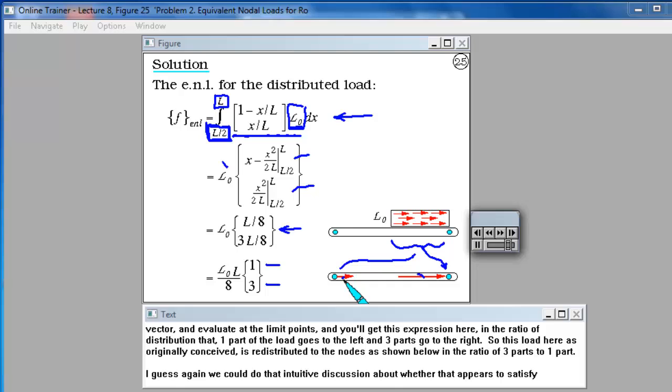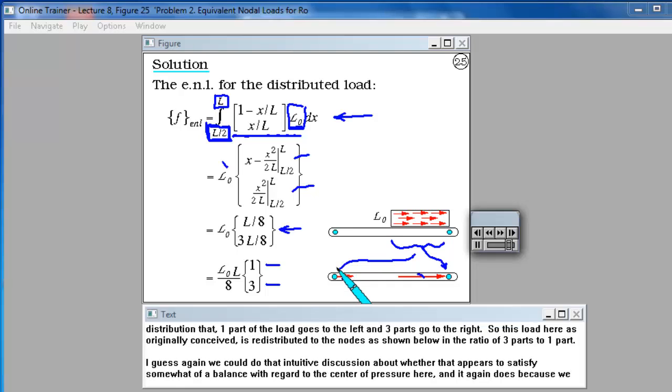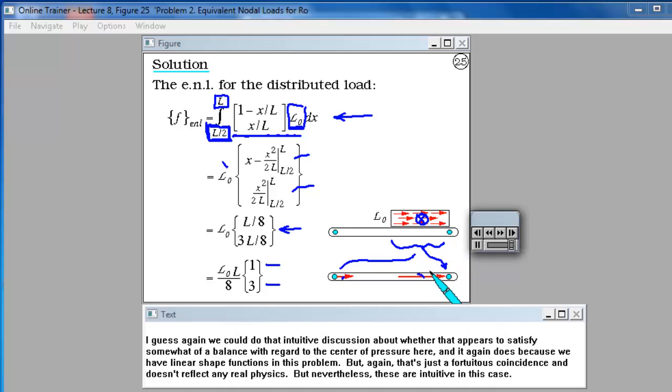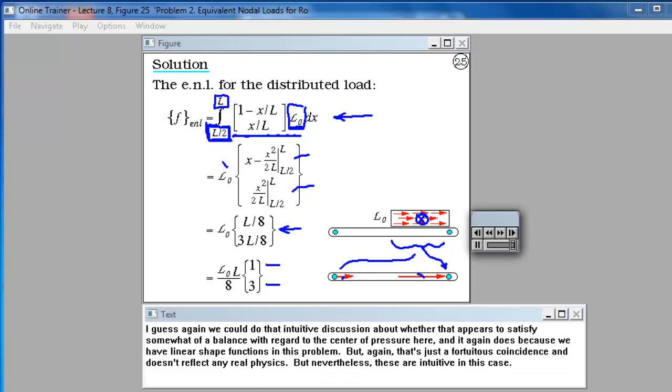And again, we could do that intuitive discussion about whether that appears to satisfy a balance with regard to the center of pressure, and it does, because we have linear shape functions in this problem. But that's just a fortuitous coincidence and doesn't reflect any real physics. Nevertheless, these are intuitive in this case.